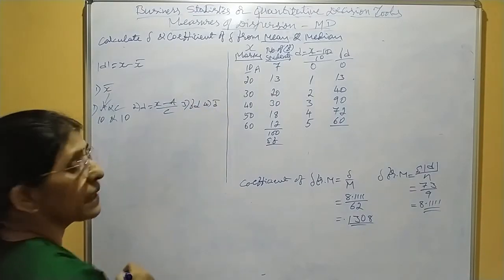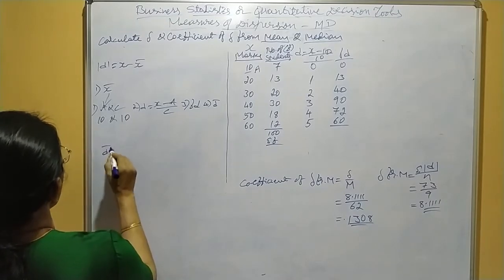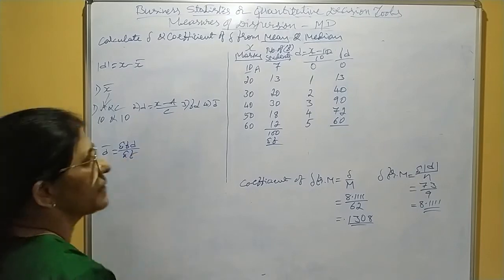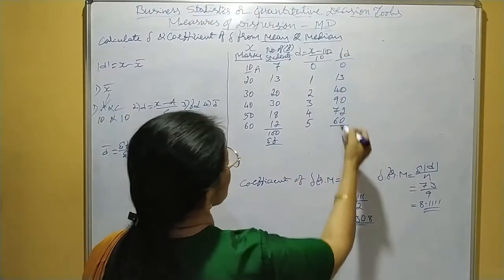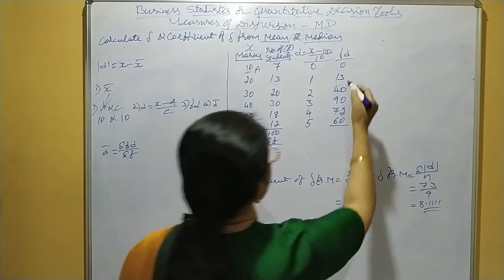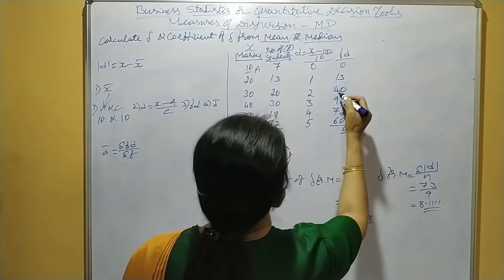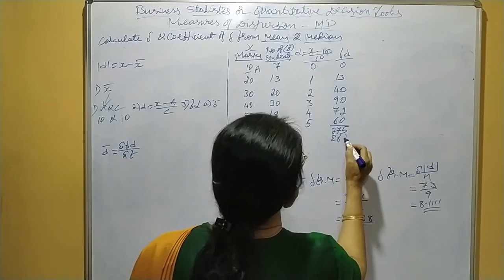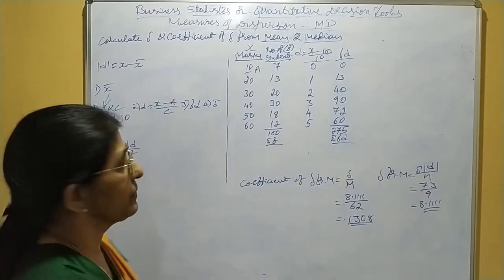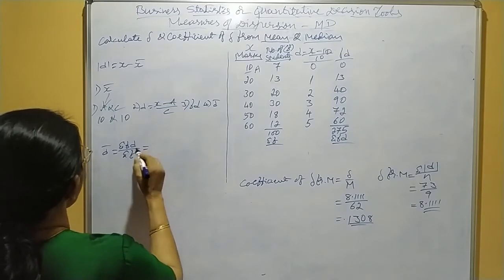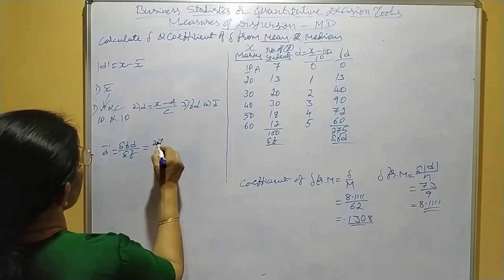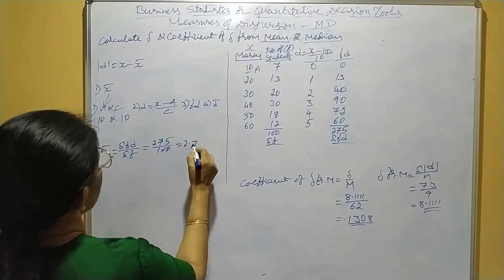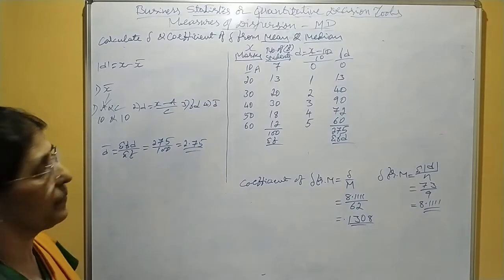We have to find out d bar. Now d bar equals sigma fd divided by sigma f, isn't it? That means we need total of fd. Take the total. 275, that is sigma fd. Sigma fd equals 275 divided by sigma f 100, it is 2.75 d bar.